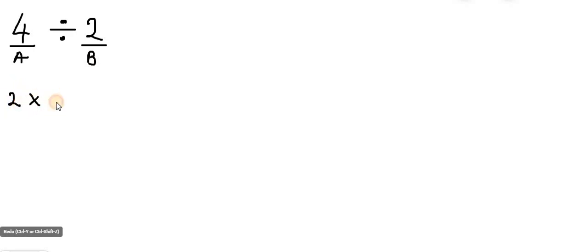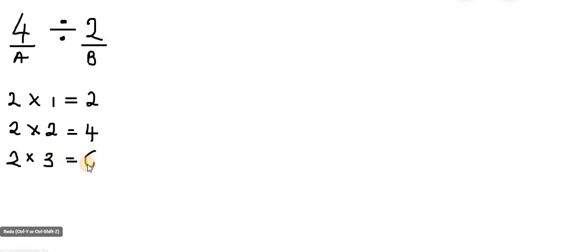So 2 times 1 is 2. 2 times 2 is 4. 2 times 3 is 6. Label our columns. This is our C column, this is our D column, and this is our E column, where our answers are.